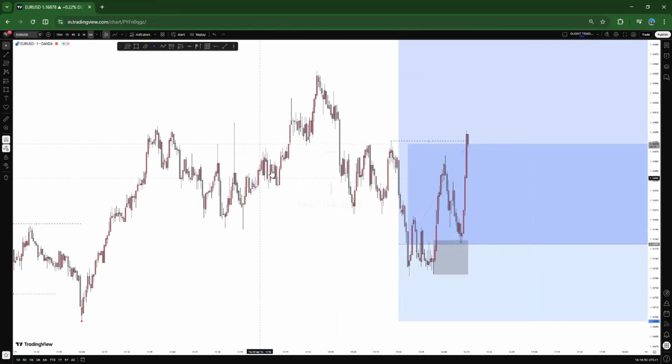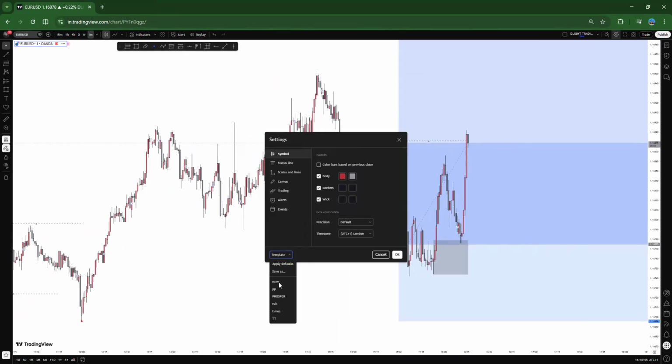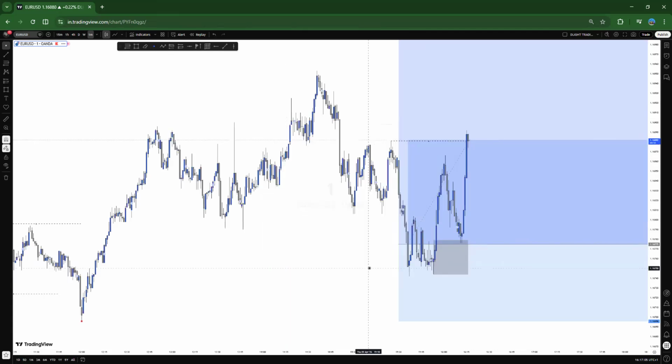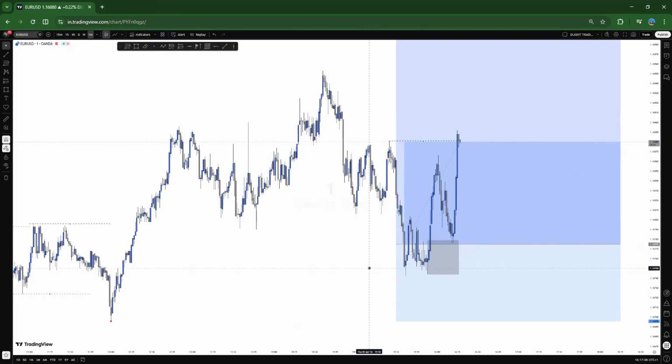Let me change this. This is much better rather than red. All right, I'll move my stops to break even right around here. This is my break even point.